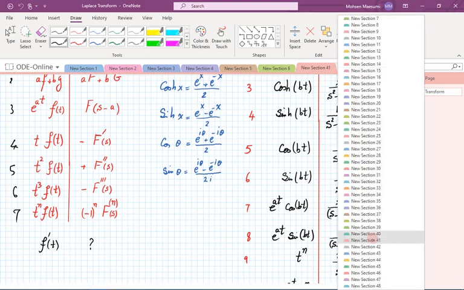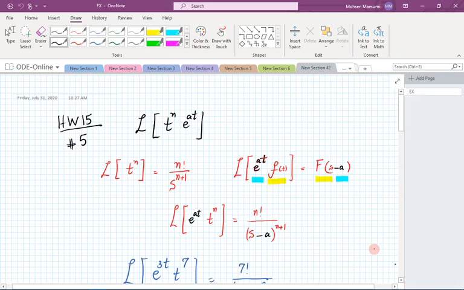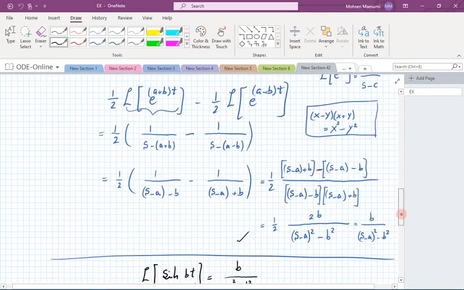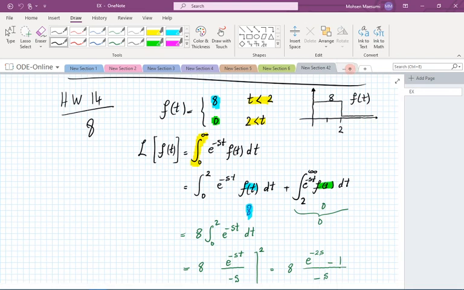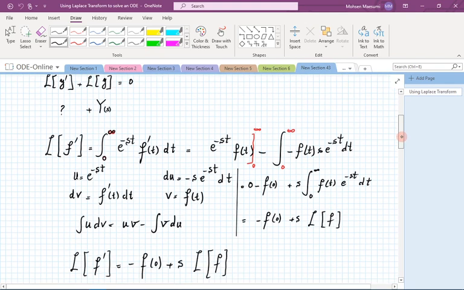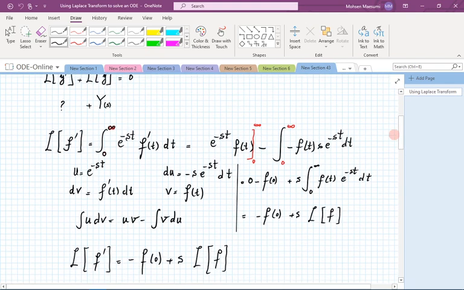We did it in lecture 43. So you remember the Laplace transform of f prime is minus f of 0 plus s times the Laplace transform of f.